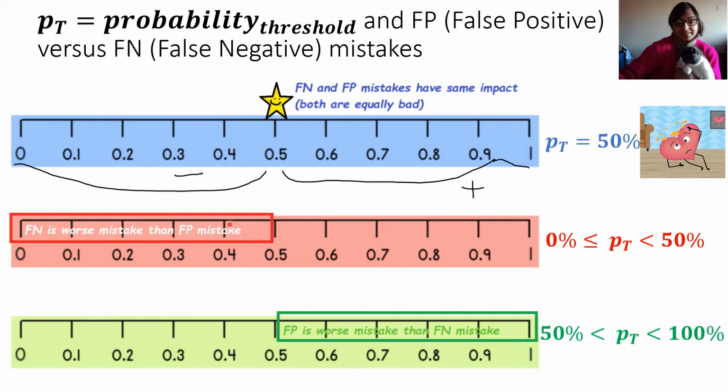So here, false negatives are worse mistakes than false positive mistakes. That's why we really emphasize minimizing false negatives over false positives when the probability threshold is less than 50%.